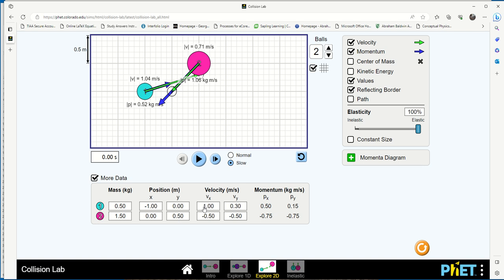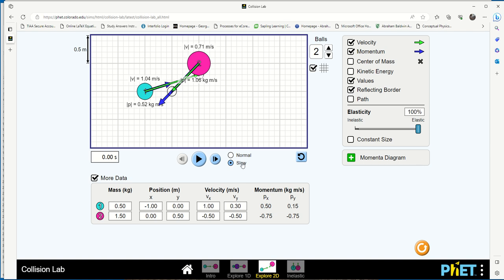It gives M1 an initial Vx and an initial Vy. Likewise, for M2, it gives a Vxi and a Vyi. This is the initial x momentum of M1, initial y momentum of M1, initial x momentum of M2, and initial y momentum of M2, because remember, it's a 2D problem. So we have velocity and momentum; we don't need the reflecting border, it doesn't really matter.